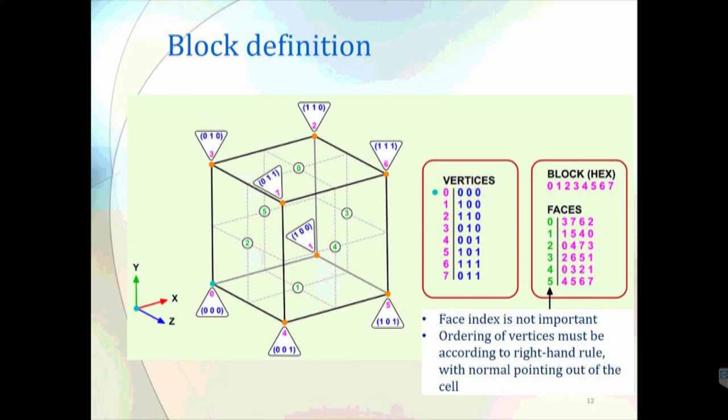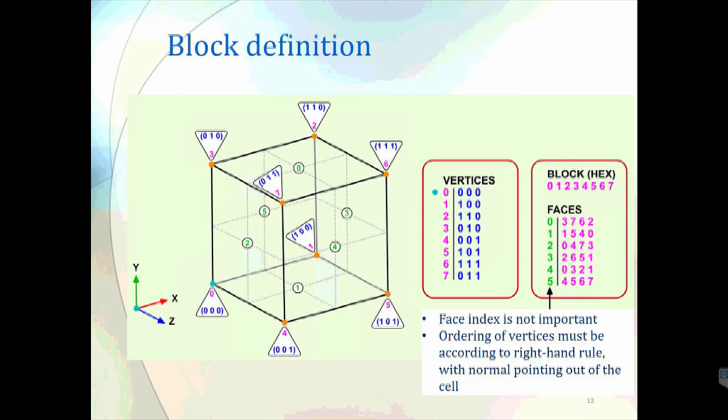Okay, let's define face 1, which is at the bottom. How do we define this face in the clockwise direction, with the outward normal pointing outside the cell? 1, 5, 4, 0. So you can see that this face 1 is defined using 1, 5, 4, 0.